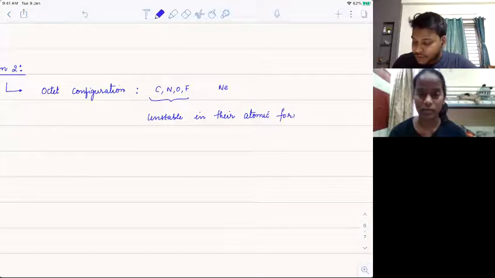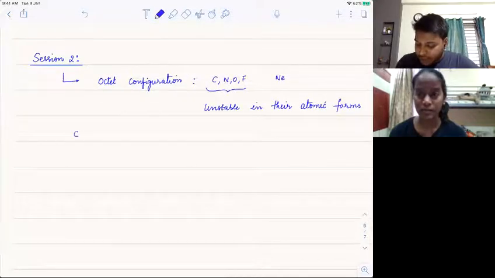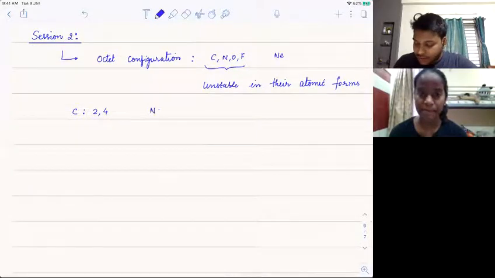What I meant to say is, carbon's configuration is 2, 4, while nitrogen is 2, 5, oxygen is 2, 6, and fluorine is 2, 7.